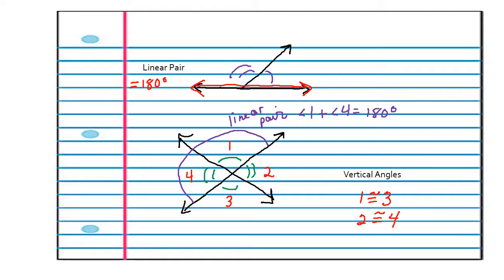And then we can move to the next ones, which would be angle 4 and angle 3. We would add them together and they would make another linear pair at 180 degrees. Following that same theory, we could take angle 3 and add it to angle 2, and it too is going to equal 180 degrees. And lastly, we can take angle 2 and add it to angle 1, and it too will equal 180 degrees because they're a linear pair.